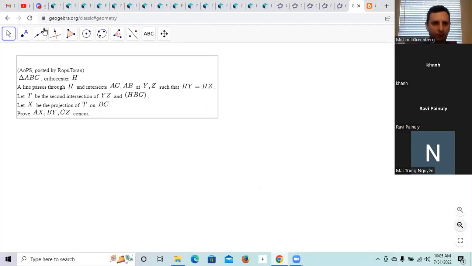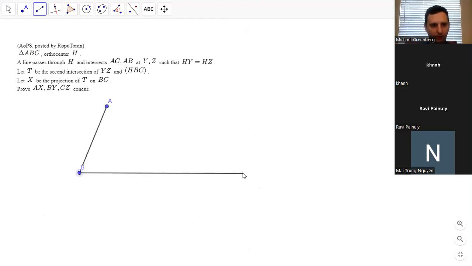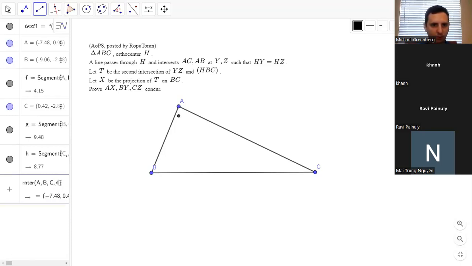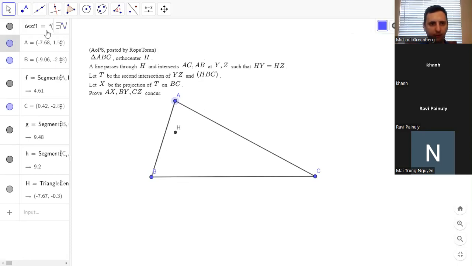We have a triangle with orthocenter H, and we have a line that passes through H. That's H. We want a line through H, and we want it to intersect AC and AB at Y and Z, such that HY is equal to HZ.